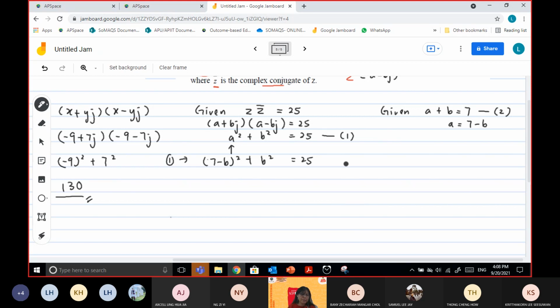So you need to simplify this part. Then I think you will have the equation in terms of b.